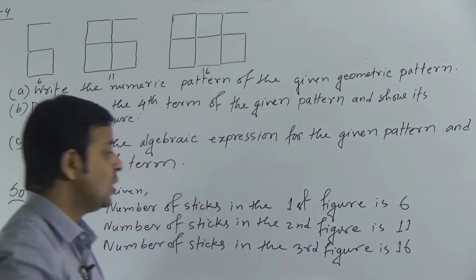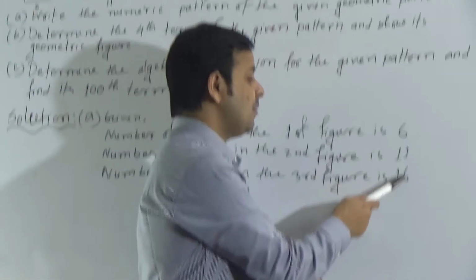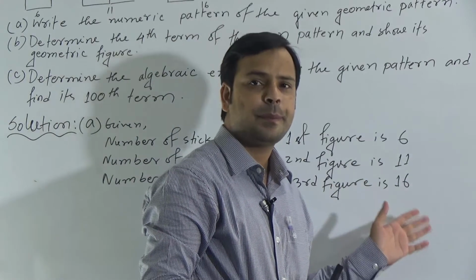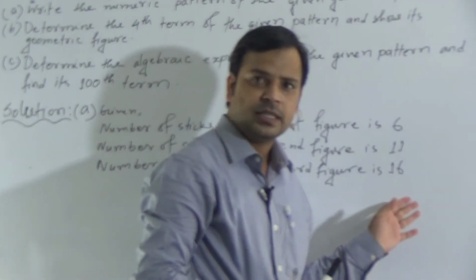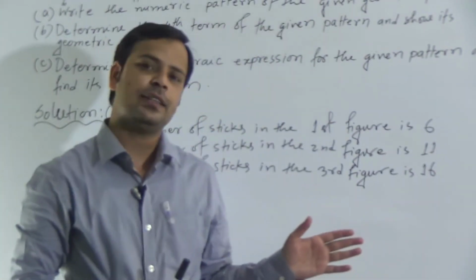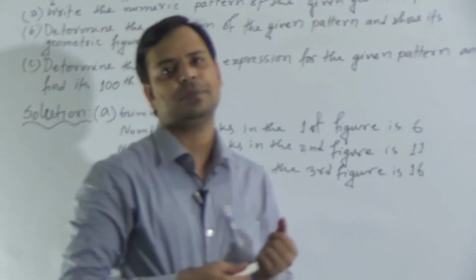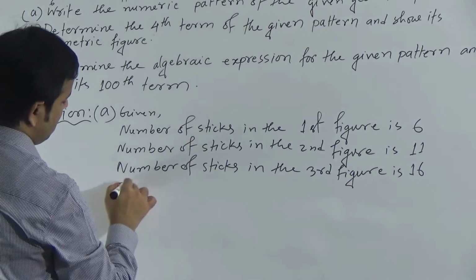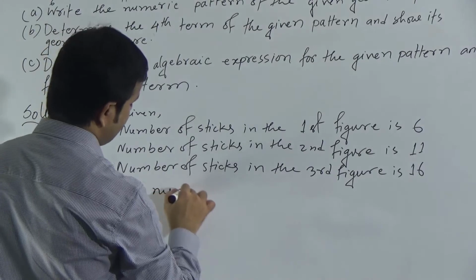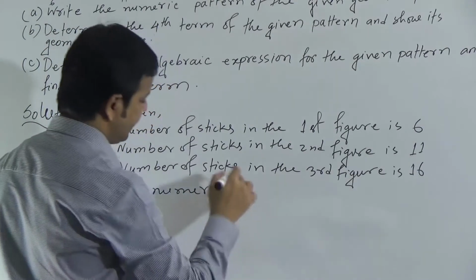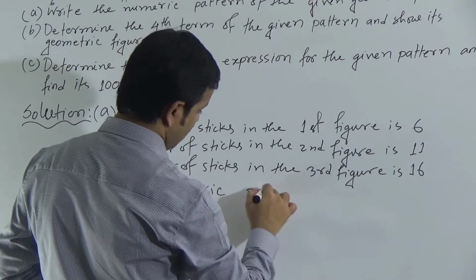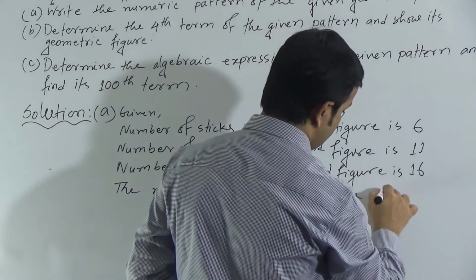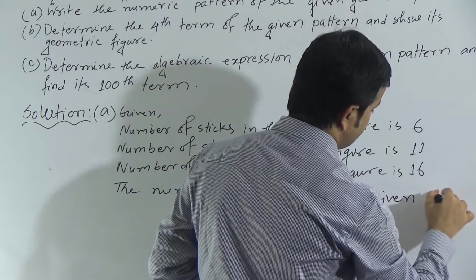Students, so 6, 11, 16 make a pattern. These numbers make a pattern. That pattern will be the required numeric pattern of the given geometric pattern. So we can write the numeric pattern of the given geometric pattern.